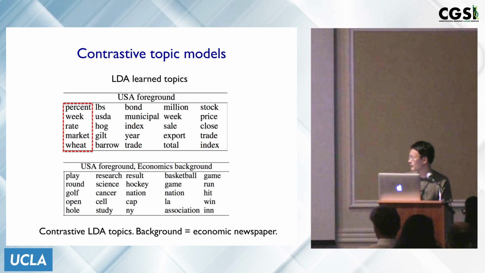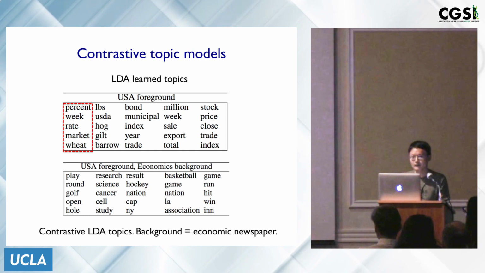These are the topics that it thinks are very different between these 2 sets of newspaper articles. And you see that it learns very different topics, including golf, hockey, basketball. I think this one must be baseball. So by doing the contrast, you can really find interesting salient features that are different between the foreground and background corpus.